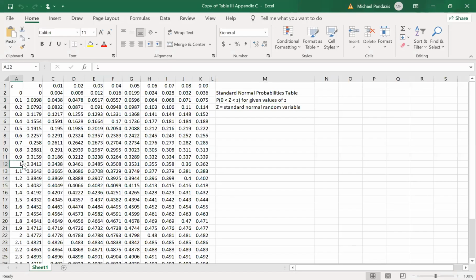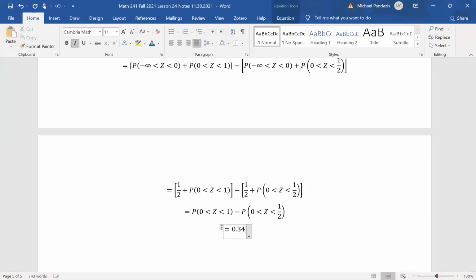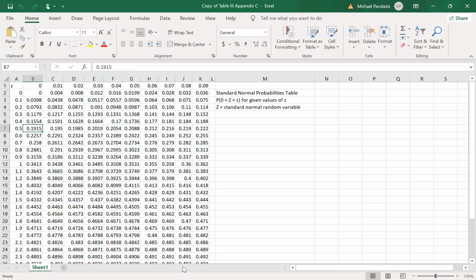So in the table, this is when little z is 1. So it's 0.3413. Then you subtract the probability when little z is 1/2. So little z is 1/2, that's 0.50.